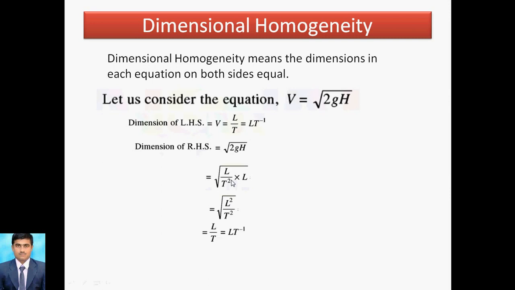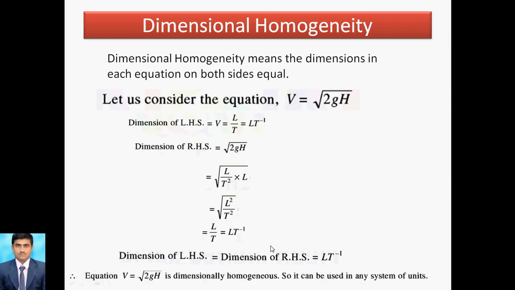You can take L upon T, that means L T raised to minus 1. So LHS and RHS are the same, because LHS is L T raised to minus 1 and RHS is L T raised to minus 1. So both are the same. That's why I can say that v equal to root 2gh is dimensionally homogeneous, so it can be used in any system of units. So this is about dimensional homogeneity.